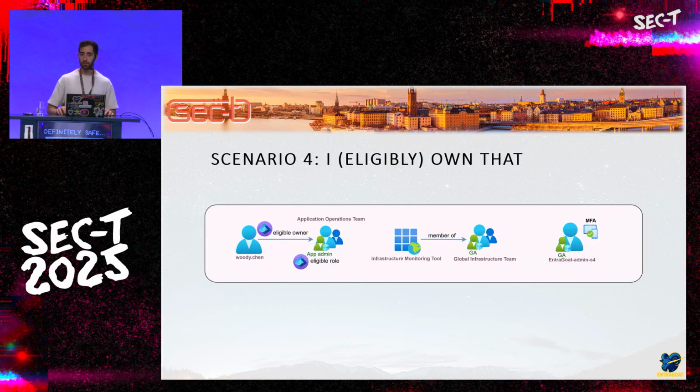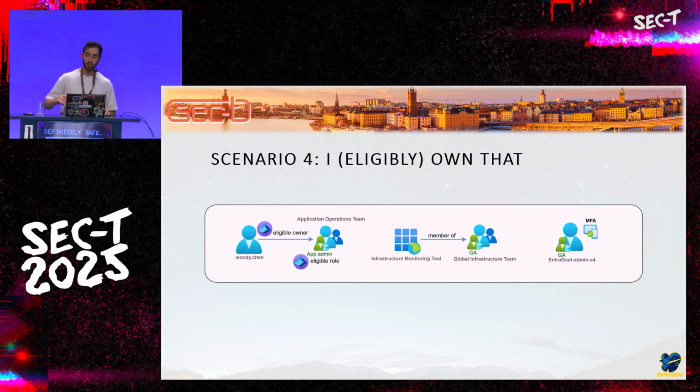Scenario number 4 is very similar to scenario number 3, but it just adds one more extra step, which is PIM. Entra Privileged Identity Management enables just-in-time access to directory roles and resources, instead of permanent assignment. So instead of always having an activated role, you can be assigned a role for a reduced time.